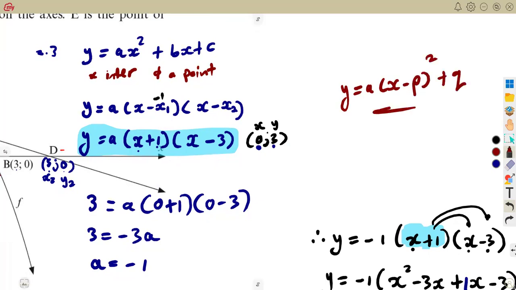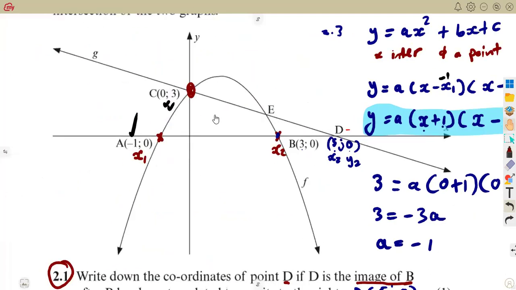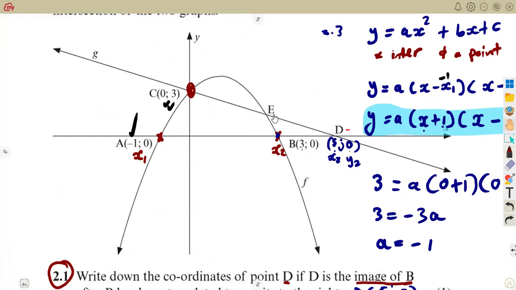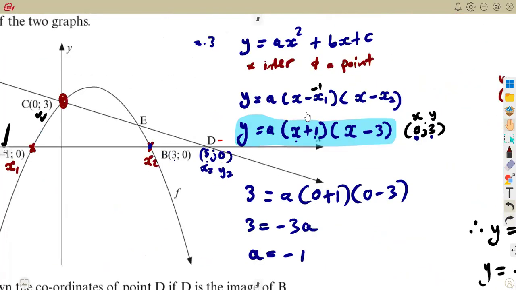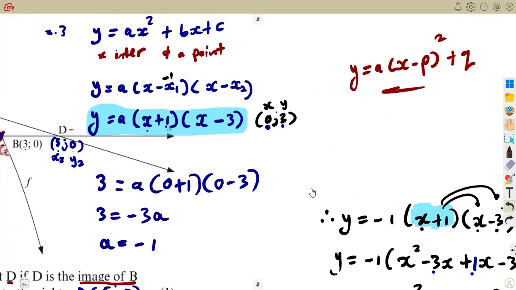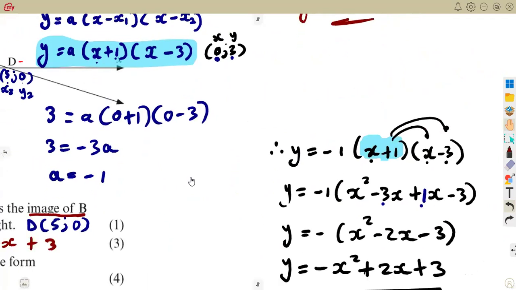But in this case, we do not have the turning point unless you are the one who is to calculate the turning point, because you can do that because we've got what? The x values. Remember, I said the value of x, but you cannot, because where are you going to substitute now? So it was going to be complicated. So the best way was to use this one. So you have to be very careful.